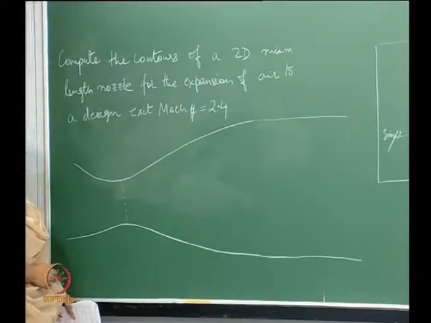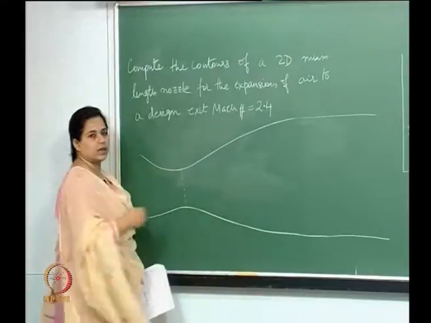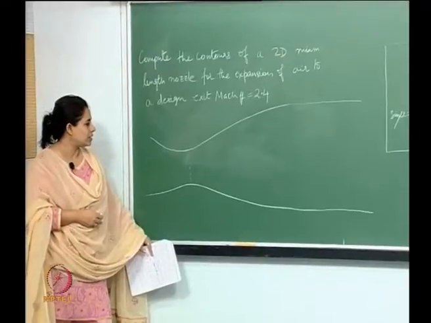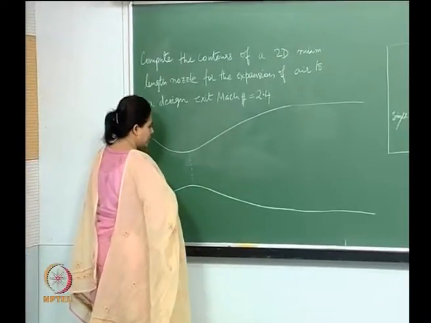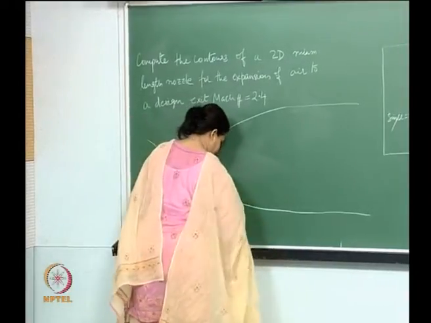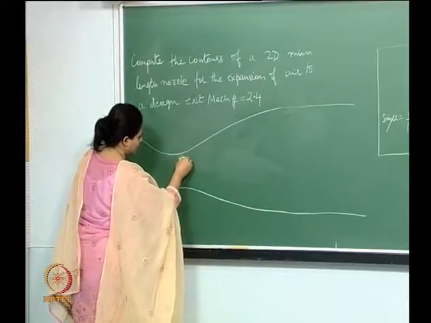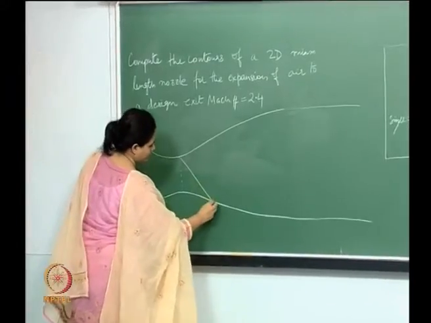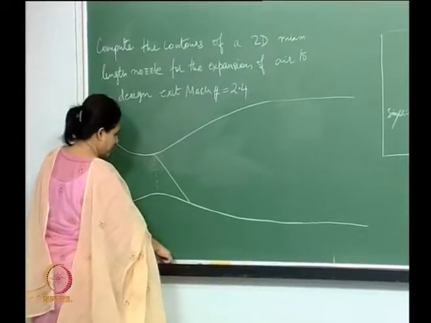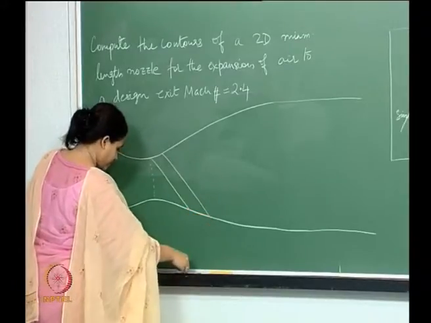Now, you allow this to expand over a certain length. So, the flow is going to expand, and we are going to have several lines. This is an expansion fan, and I am going to represent this expansion fan like this.